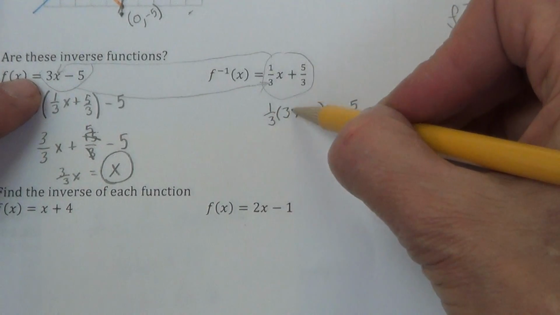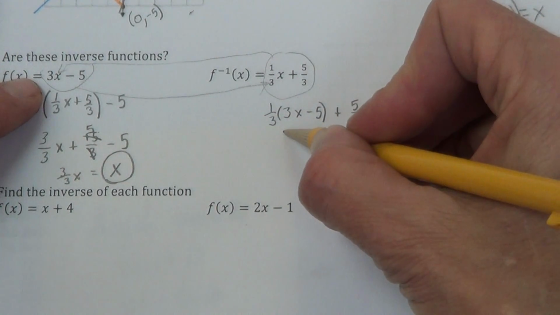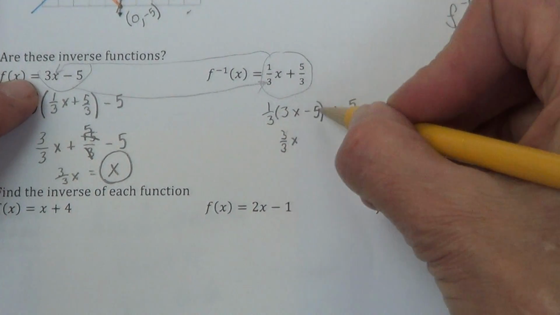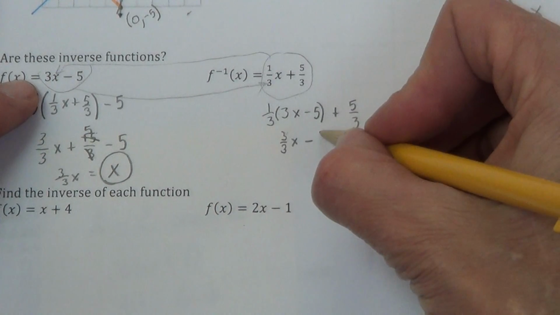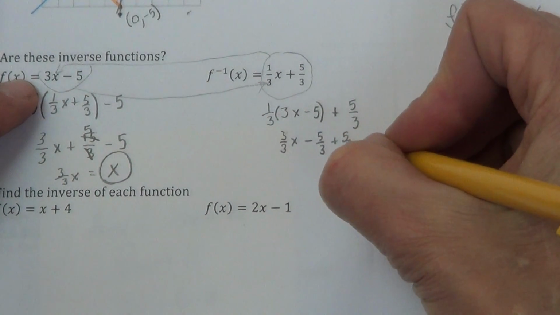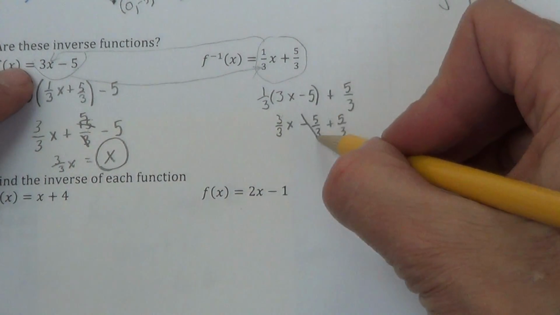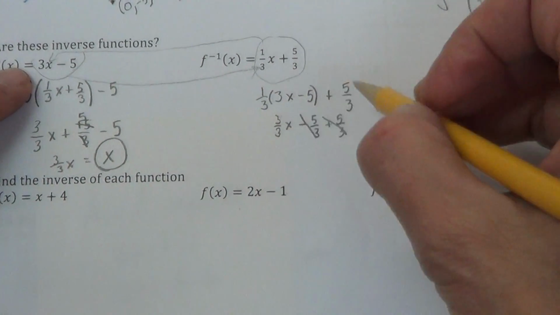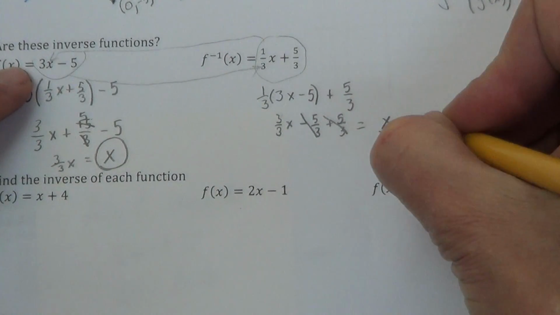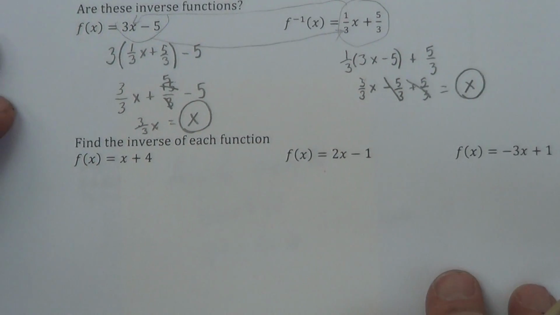We distribute 1/3 times 3x would be 3 over 3x. 1/3 times negative 5 would be a negative 5/3 plus 5/3. Well, a negative 5/3 and a positive 5/3 will cancel each other out, and we have 3/3 x, which equals 1x. So they are inverses, and that's how we prove it.